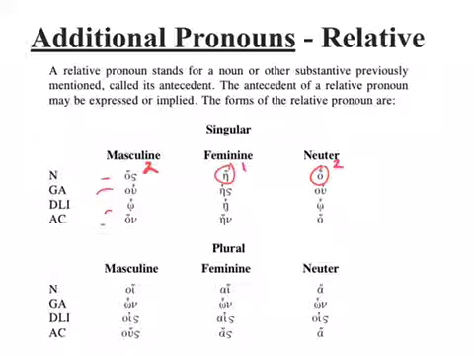But I'm pretty sure the accent is the main difference. You'll see an accent on these, and that's going to be the clue that this is a relative pronoun. So if you see a ha, it doesn't mean it's necessarily a the, even though the article can act as a relative.